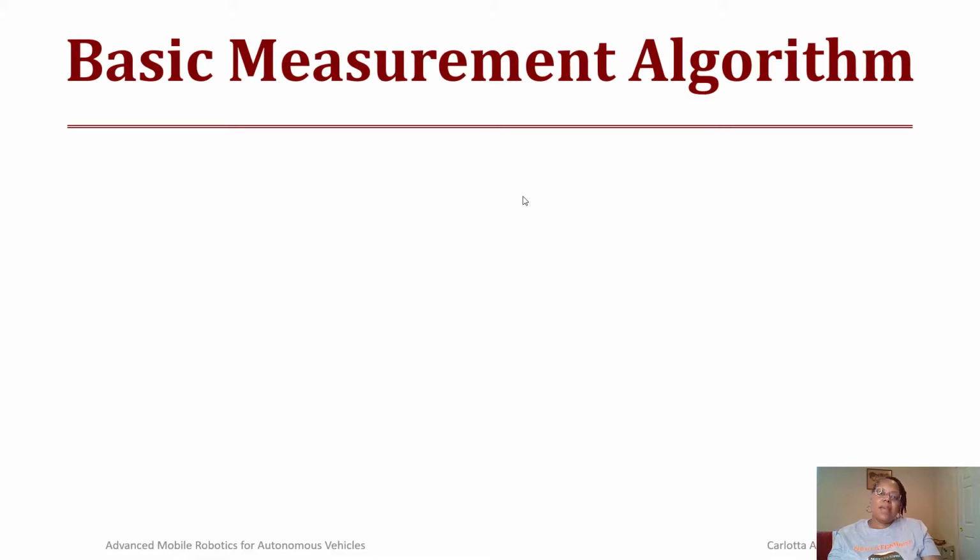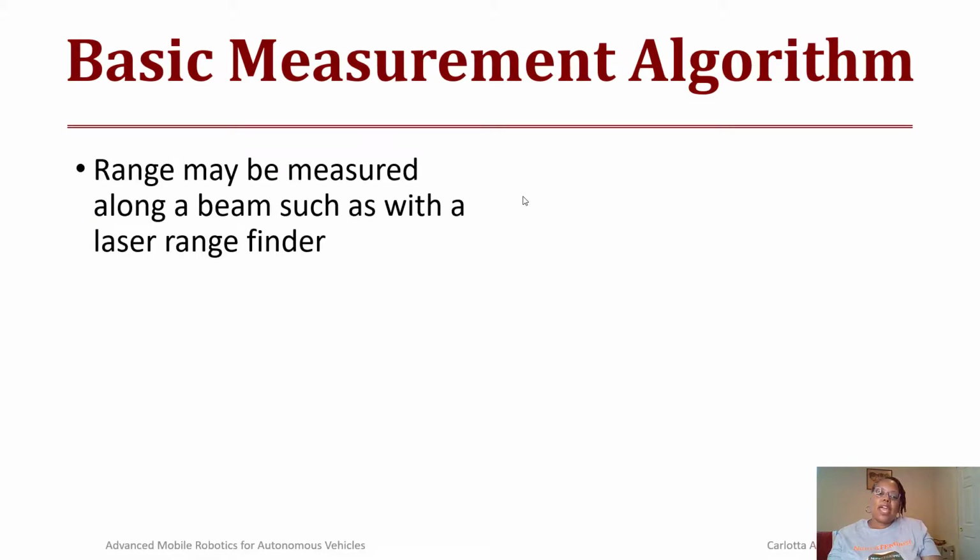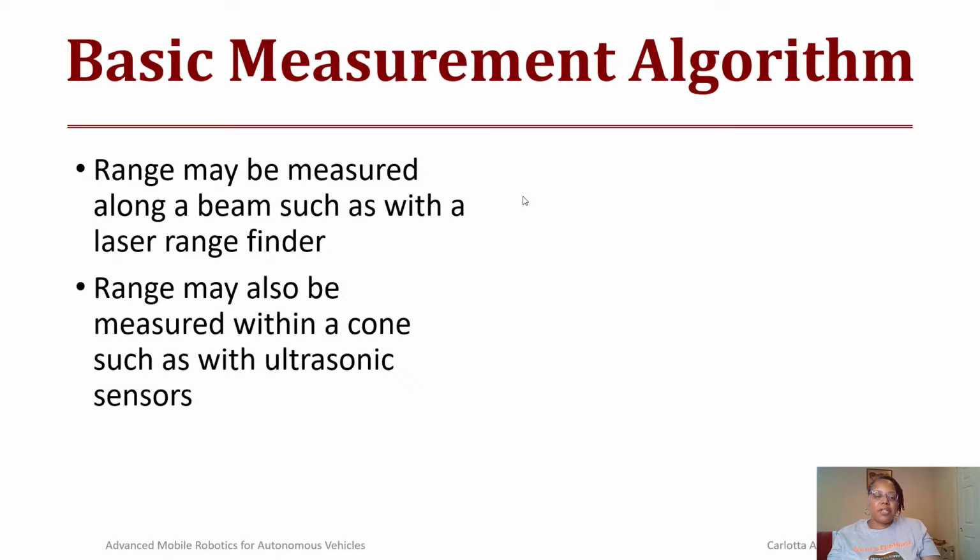So our basic measurement algorithm is range may be measured along a beam, such as with a laser rangefinder, or it may be measured along a cone, such as a sonar or ultrasonic distance sensor.